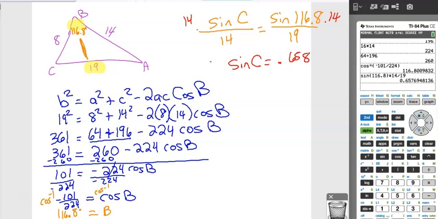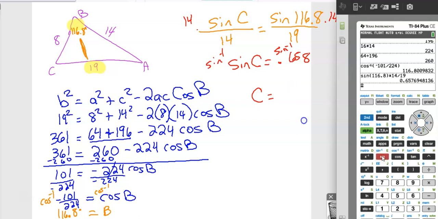And then I'm going to take the inverse sine of this, because I'm trying to find the angle. But remember, you never want to use a rounded decimal in the middle of a problem. So on my calculator, I still have the exact answer. So I'm going to do the inverse sine of the exact answer. Don't do the inverse sine of the rounded answer. So do the inverse sine of the exact answer.